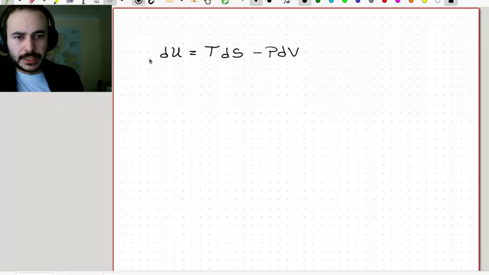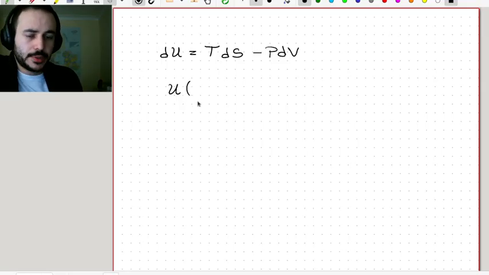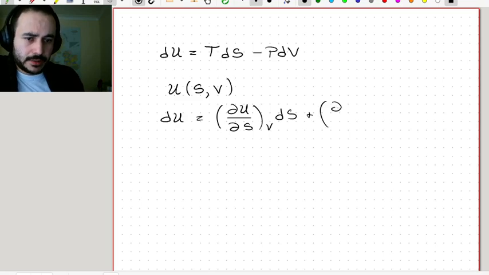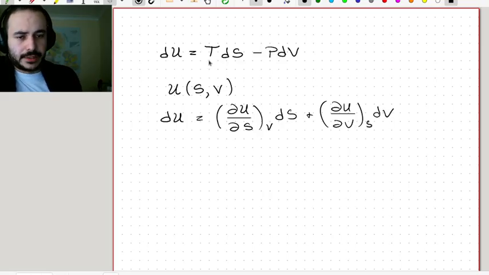So, fine. If you just take a look at this expression and think about it for a while, you realize that it looks as if we have expressed the property of state, internal energy, as a function of two independent variables, which are in this case S and V. And then it seems that we took, just by applying the chain rule, the differential of this, so the partial with respect to S at constant volume plus the partial with respect to volume at constant S. And just identifying terms here, we see this thing must be equal to that, and this thing must be equal to that, well, actually with a minus sign.